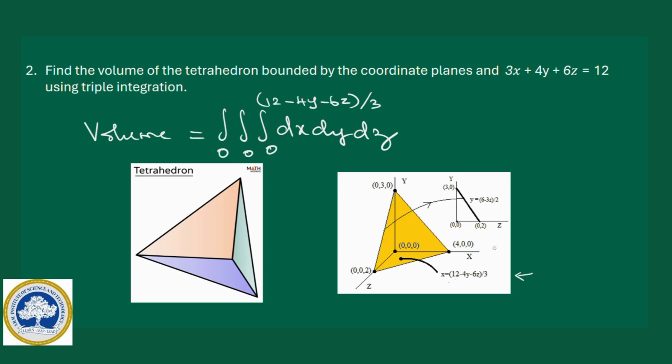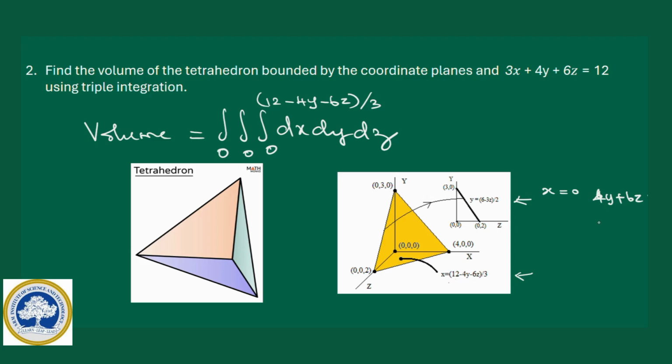So this xy plane, if you see, is in the form of a triangle where this is the line given by the equation y is equal to 6 minus 3z by 2, which means, I told you that we have to consider x is equal to 0. If you put x is equal to 0 in this given equation, it will reduce to 4y plus 6z equal to 12.